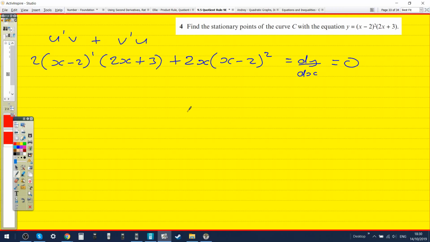At that point, you can try it with a calculator. Any other answers, or is there just one? Okay, x equals 2. Is that everything?